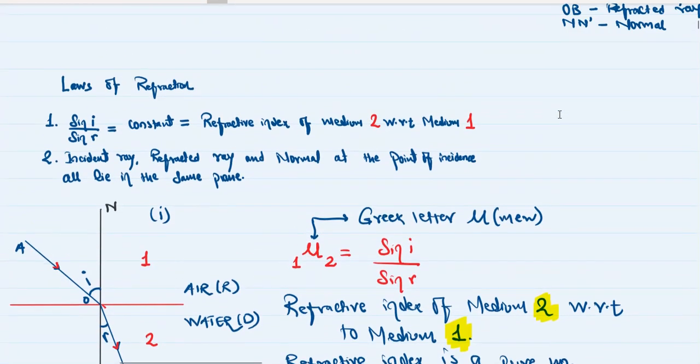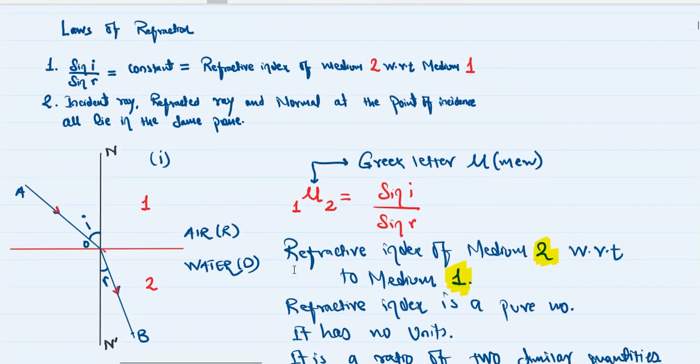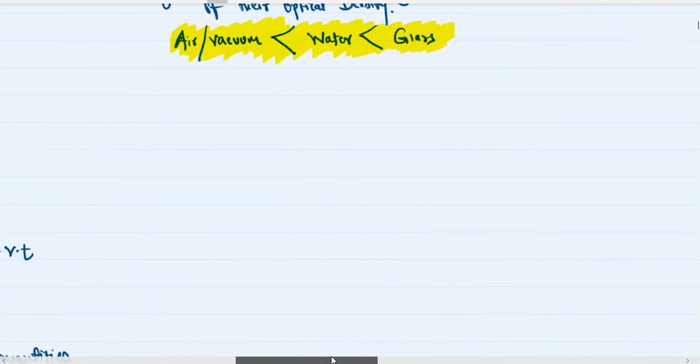Okay, so I'm giving you some important notes over here. I hope you are noting it down, everything. Okay, let's understand refractive index in a new meaning.